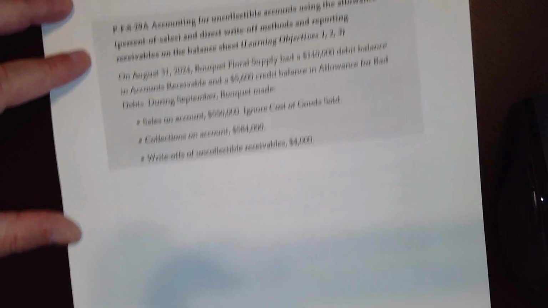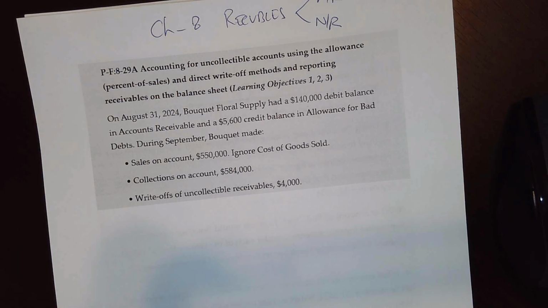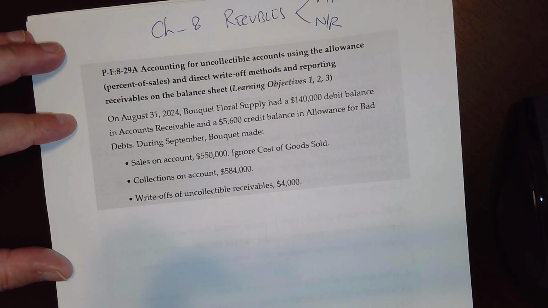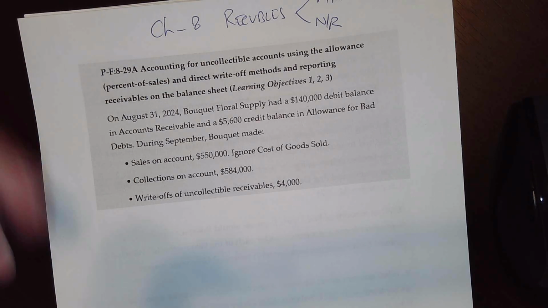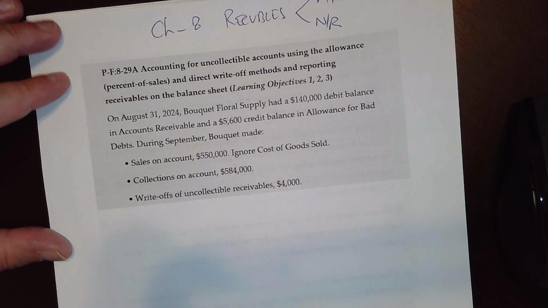There is another method called aging of accounts receivable, which is not part of this question. However, we also use it. The percentage of sales method we use throughout the year, and at the end of the year we also use aging of receivables.